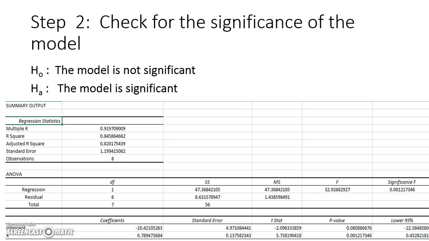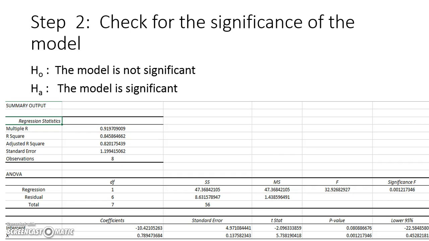The regression part talks more about the model, that means the part where there is an explanation for the model. Residual is that particular part which is not explained by the model.